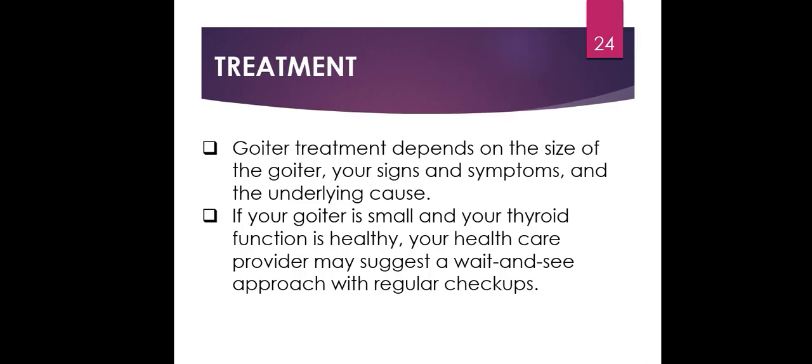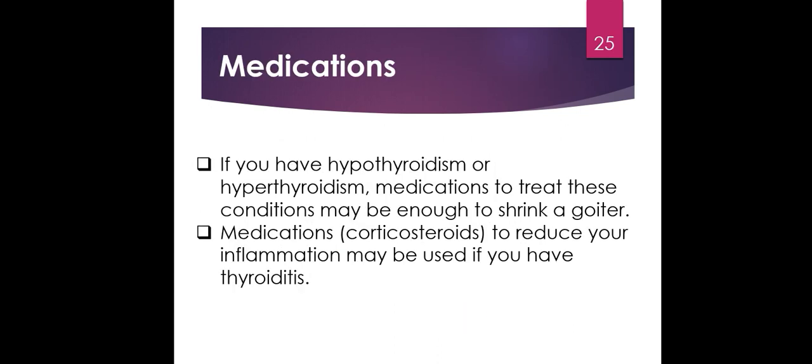Treatment. Now we have different kinds of treatments for goiter. Goiter treatment depends upon the size of the goiter, your signs and symptoms, and underlying causes. If your goiter is small and your thyroid function is healthy, your healthcare provider may suggest a wait and see approach with regular checkups. Medications.